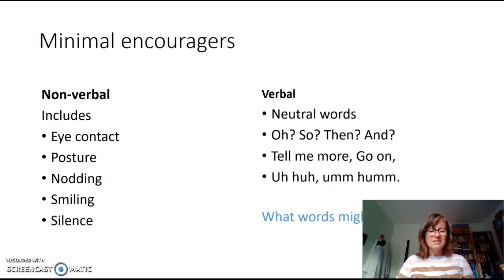If they tell you something sad and you're in the habit of saying, okay, if they're telling you something they're distressed about and you're going, oh, right, yeah, it's really, really unhelpful because it's not okay. It's not all right. So we need to be careful and try and avoid those words, particularly if we're someone who uses them repetitively, which quite a few of us do.